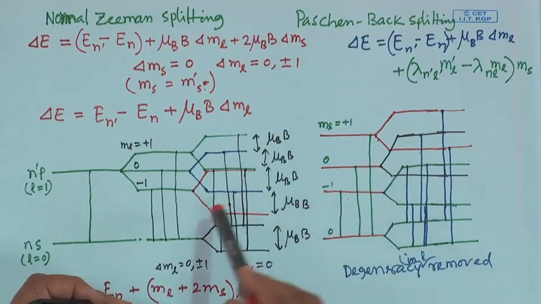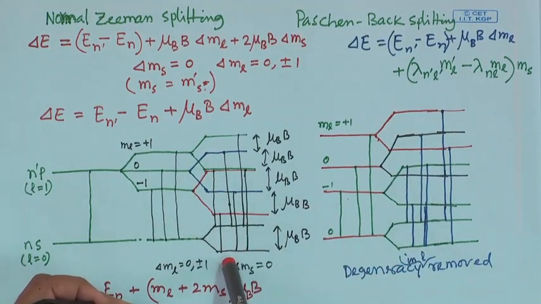So the degeneracy is removed, and each line shows as a doublet in an intermediate field, and that is called the Paschen-Back effect.